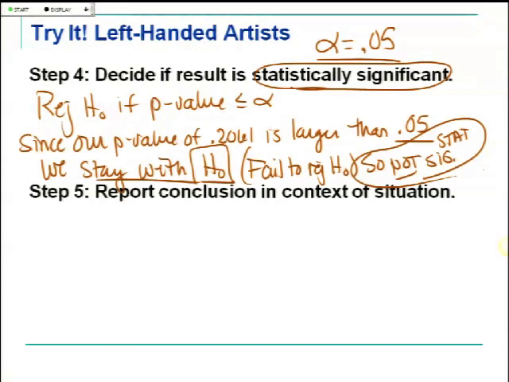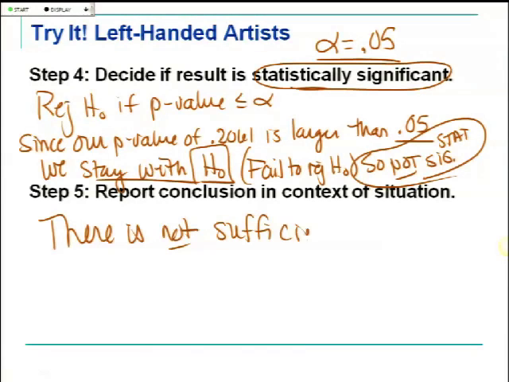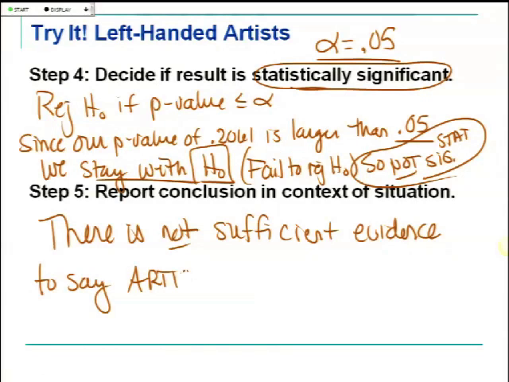So if we were writing out a conclusion about artists and this researcher's theory, do we have enough evidence to say artists are more likely to be left-handed? Did we have enough evidence to say that? No. There is not sufficient evidence to say artists are more likely to be left-handed.